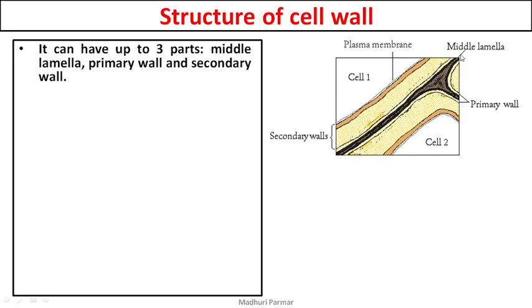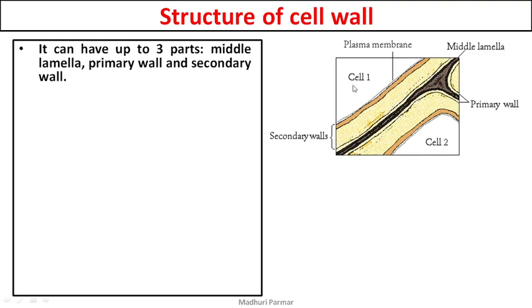Here the black portion you see is middle lamella. Then near the black portion, what you see is the primary cell wall. It is very thin. And after the primary wall, there is this thick layer. It is called secondary wall. Can you see here? And after the secondary wall, the innermost layer is the plasma membrane.